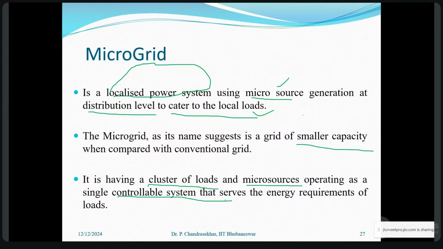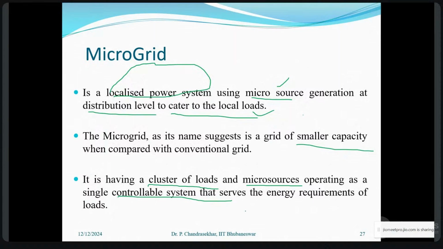Or if one of the loads decreases or is disconnected, then one of the generators, any generator, has to decrease its power output. So these loads and generators together operate as a single entity.